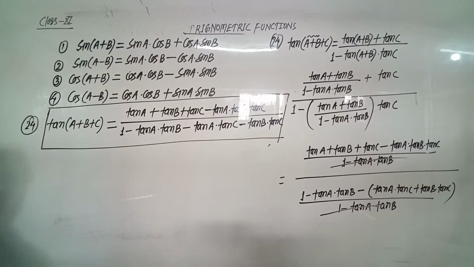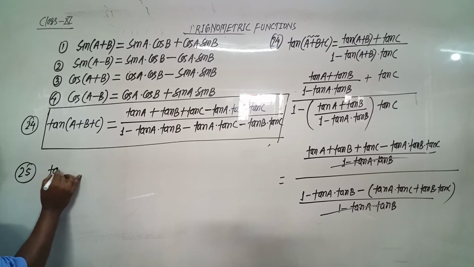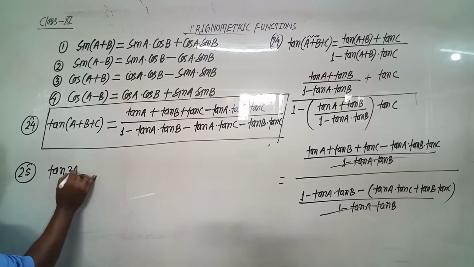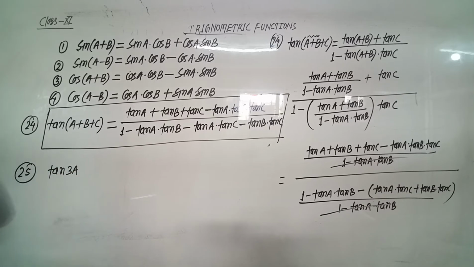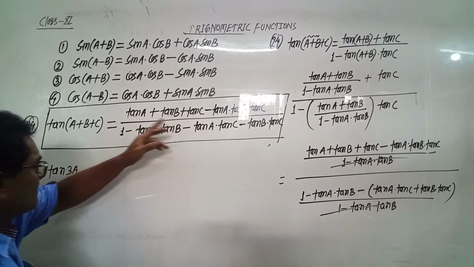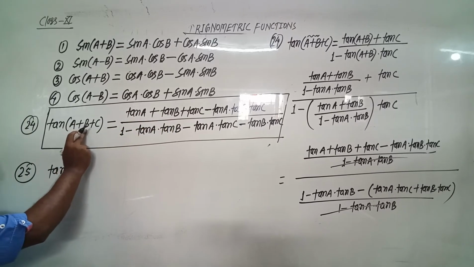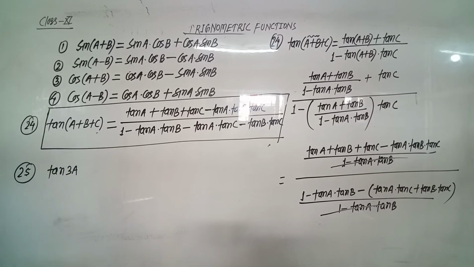Now for the 25th formula, tan 3A. In the same formula, when we write B equals A and C equals A, we get tan 3A.